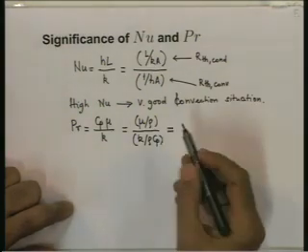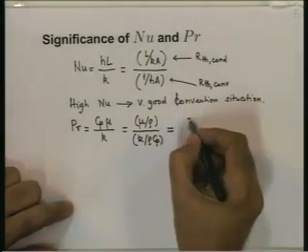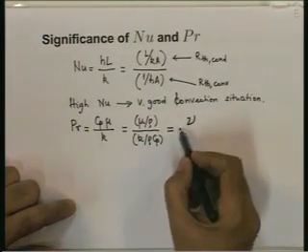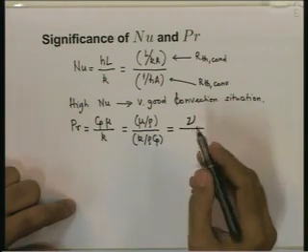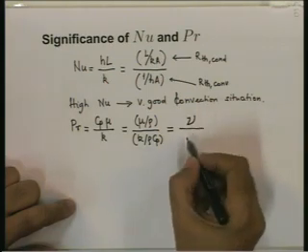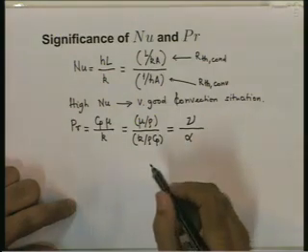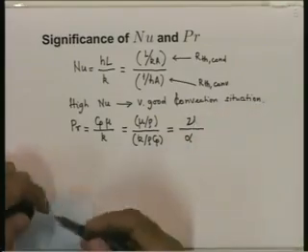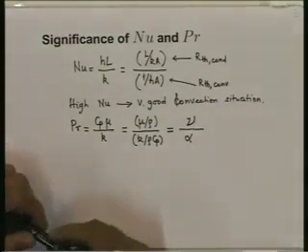We know that mu by rho is the kinematic viscosity, usually represented by nu, and K by rho Cp is the thermal diffusivity alpha. Notice that both have units of meter square per second, area per unit time.